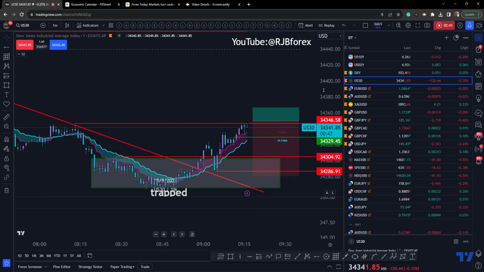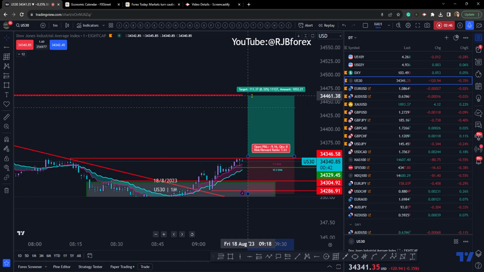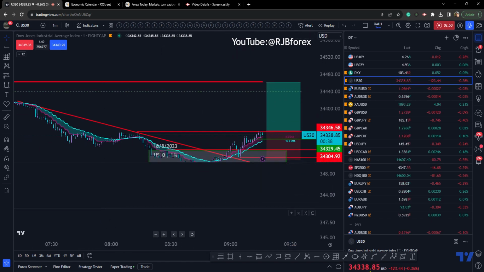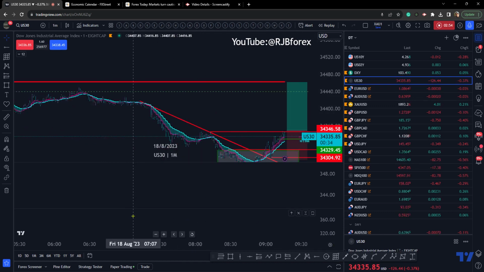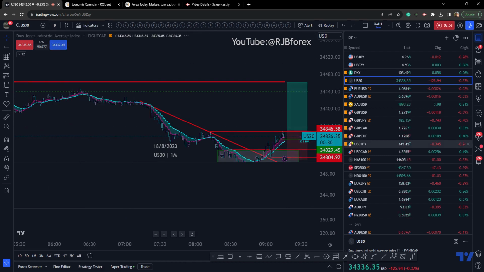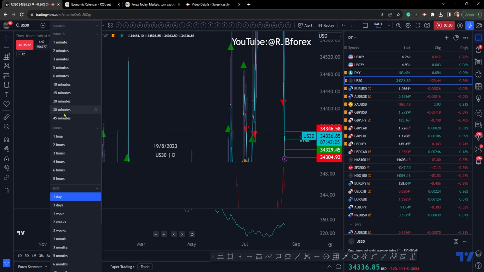and I'll be looking to take a long. And I'm going at small risk. The ATR on the Dow is about 300 and something points. Let's move this out to take a chart. We'll see that ATR. So 345 points.